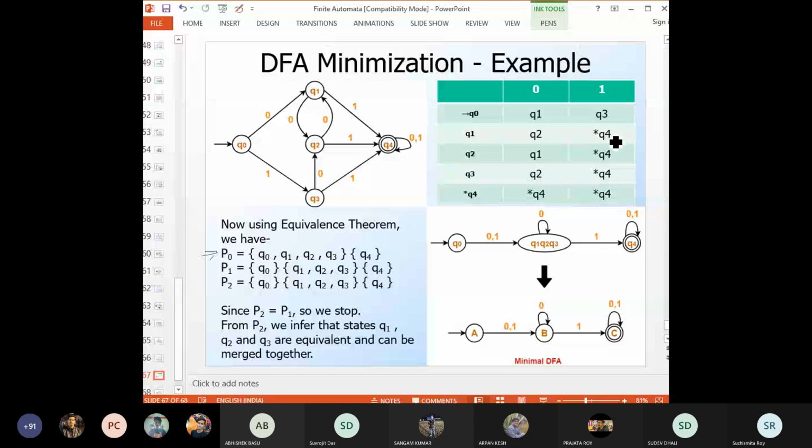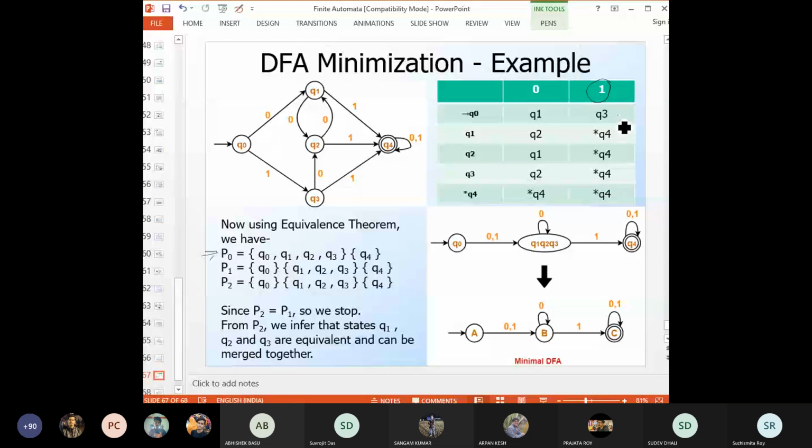So obviously Q0 and Q1 cannot stay in the same partition. Can you see that? Why can it not stay in the same partition? Because there is one input character 1, for which Q0 goes to the non-final partition and Q1 goes to the final partition.